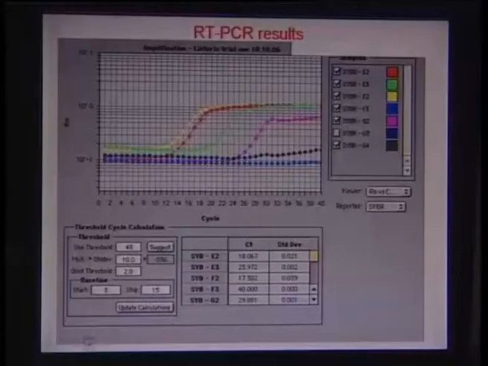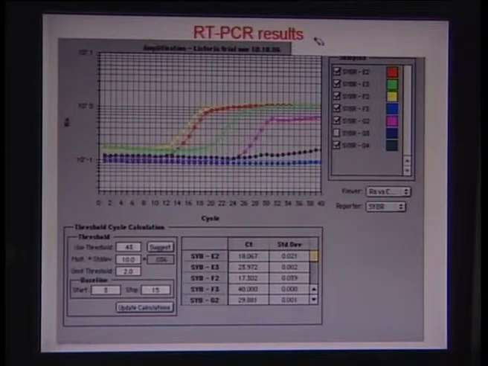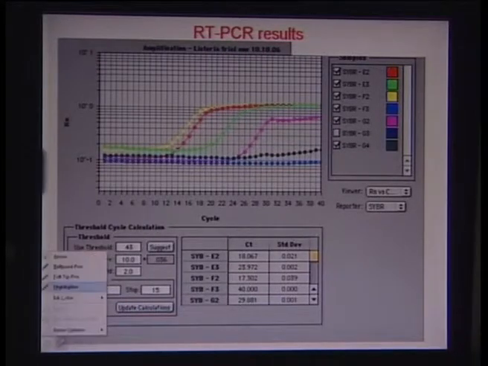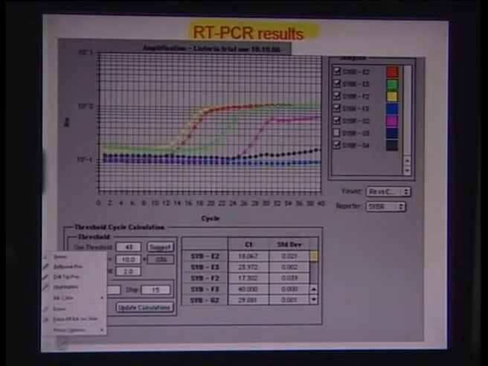So this illustrates some of the qPCR or RT-PCR data. As you can see, these correspond to different initial concentrations of the template.